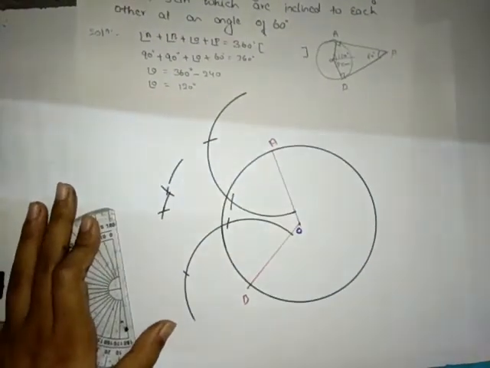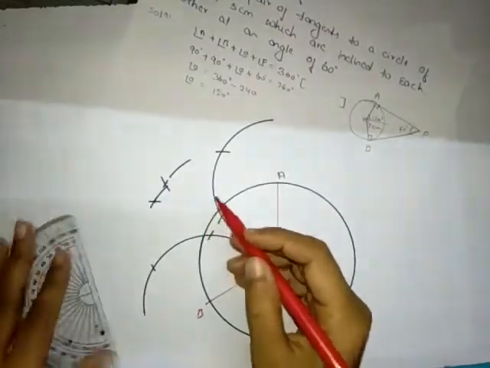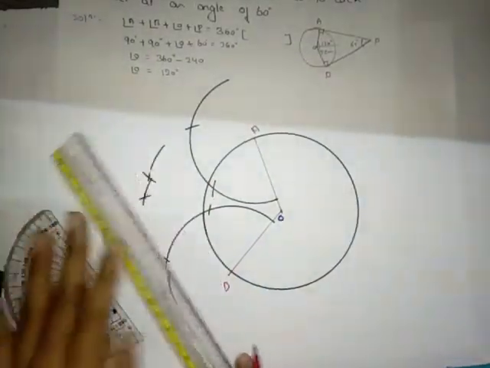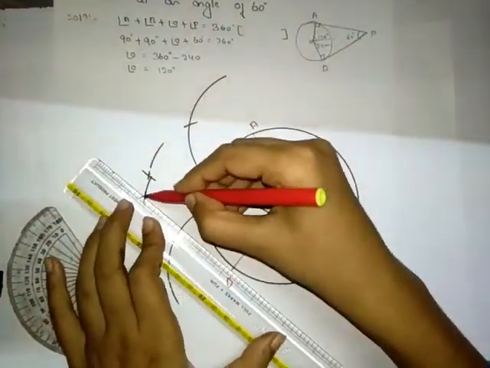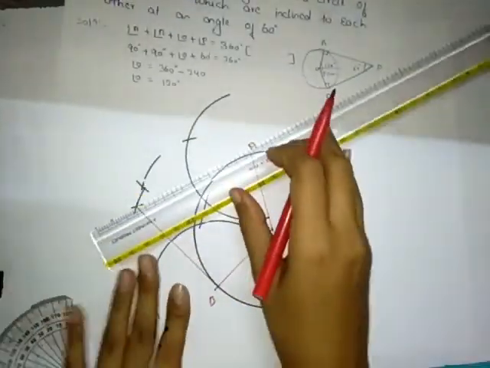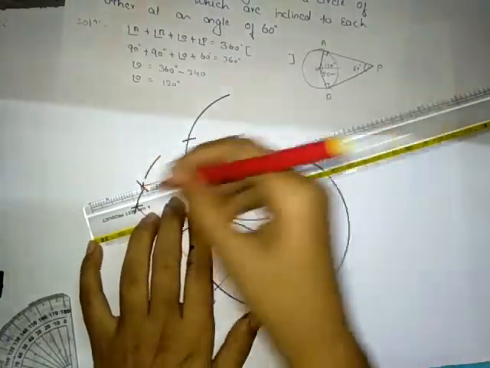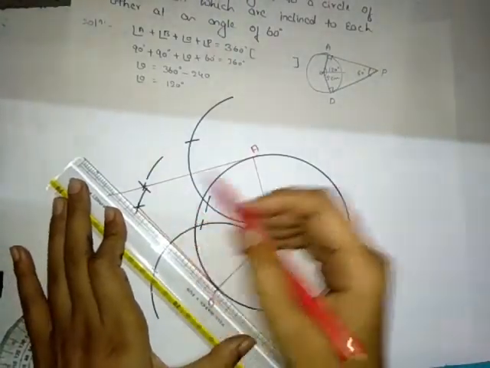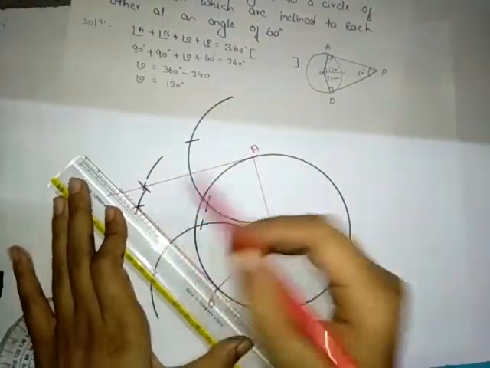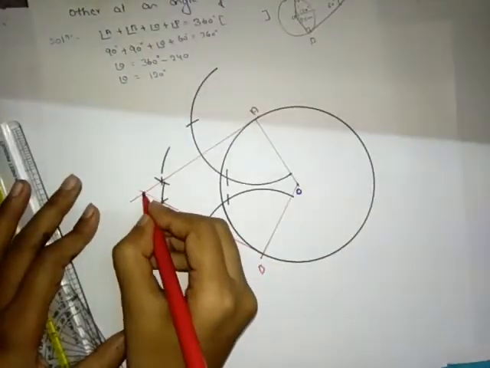Here I got 2 points, this one point and this one point. We'll join these 2 points here. And these 2 points. And we'll extend these lines till they meet each other. We got here, these 2 lines are meeting each other.